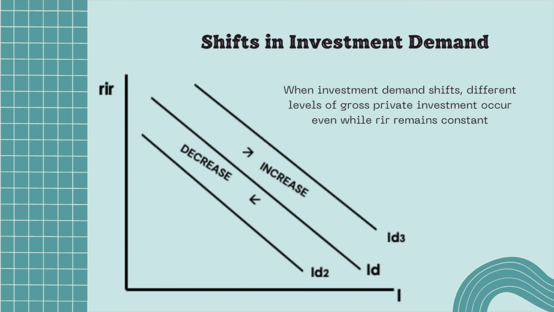Just like in market demand, a leftward shift of the investment demand curve, which is ID2 here, is a decrease in investment demand. And a rightward shift of the investment demand curve, which is ID3 here, is an increase in investment demand.